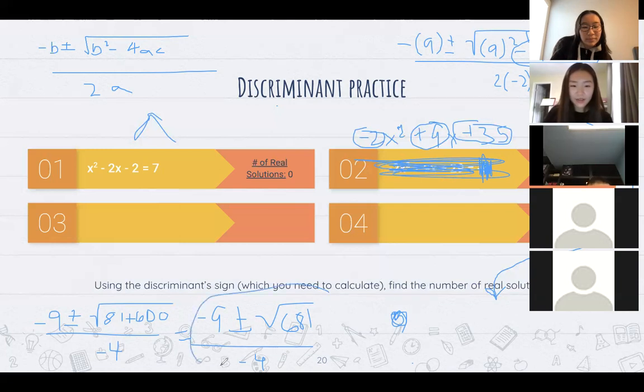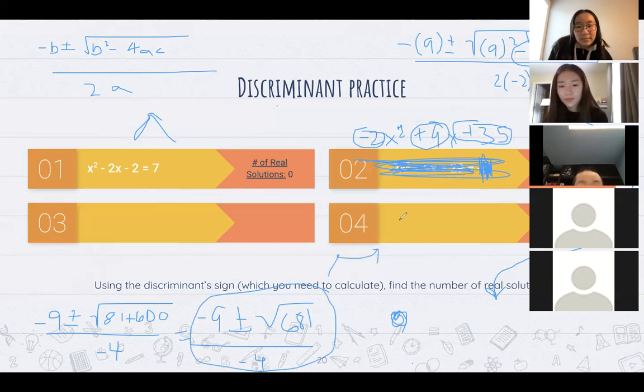And what we do is we make two different cases. The one where the plus or minus is positive and one where it's negative. I'm just gonna go up here because I have no space. So basically the answer is -9 plus or minus the square root of 681 divided by -4. Some teachers would just let you write it with the plus or minus in there. Oh wait, I did not mean to put that.